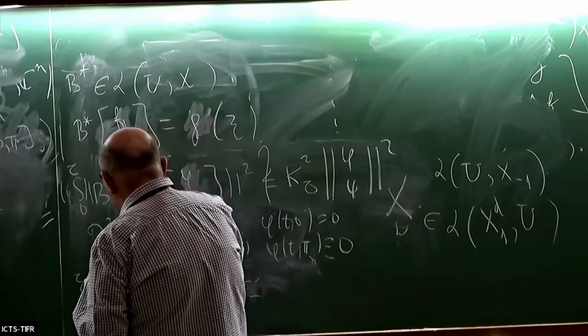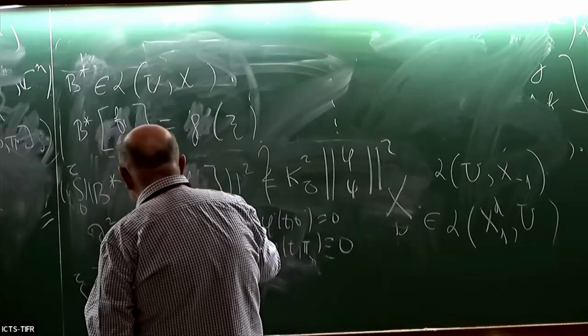So here maybe the notation phi psi is not very good. Let us put v. The initial data will be (phi, psi).